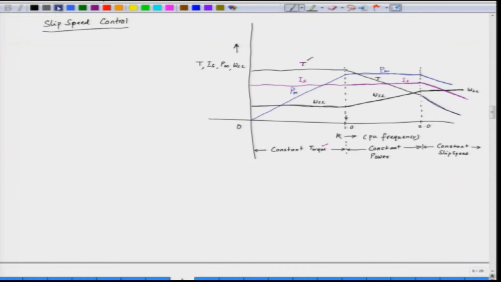The power decreases, the current decreases and the torque decreases as 1 by k square. All these things can be easily obtained from the equation that we discussed in the last lecture. So, we have primarily a constant torque region, constant power region and constant slip frequency region.